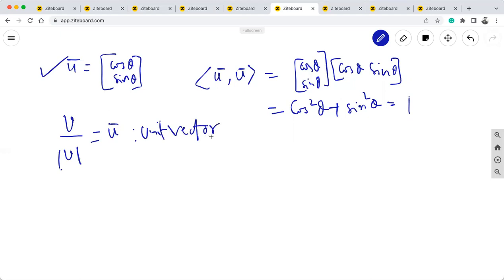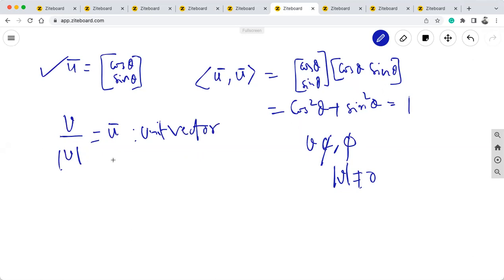Provided this length should not be 0, I mean the v vector should not be a null set. There should be elements such that mod v is not equal to 0, or you should not take the elements in such a way that this is 0.